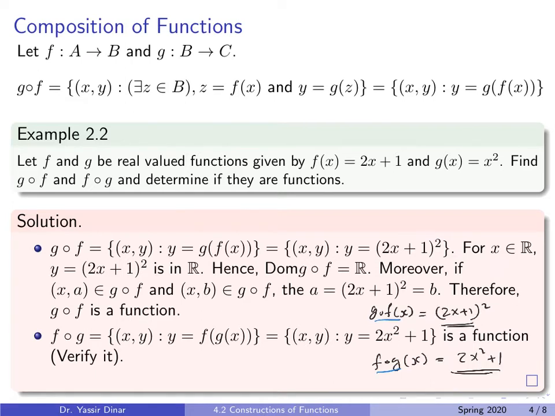So for example, if x is equal to 0, we have (0, 1) belongs to G circle F, and also (0, 1) belongs to F circle G, but it doesn't mean that these two functions are equal, because if we take x equal to 1, we find (1, 9) belongs to G circle F, but (1, 9) is not in F circle G. Actually, with 1, we have 3 belongs to F circle G. That means these two functions are not equal.